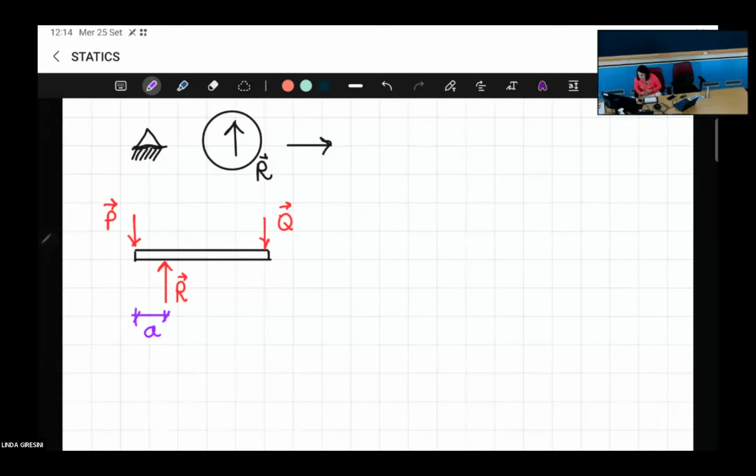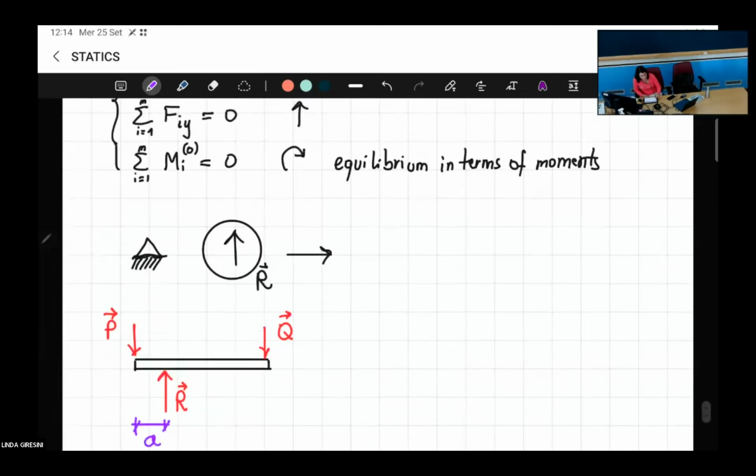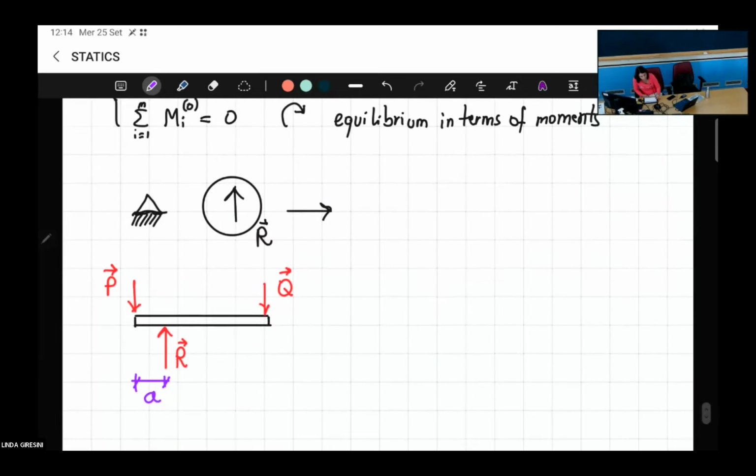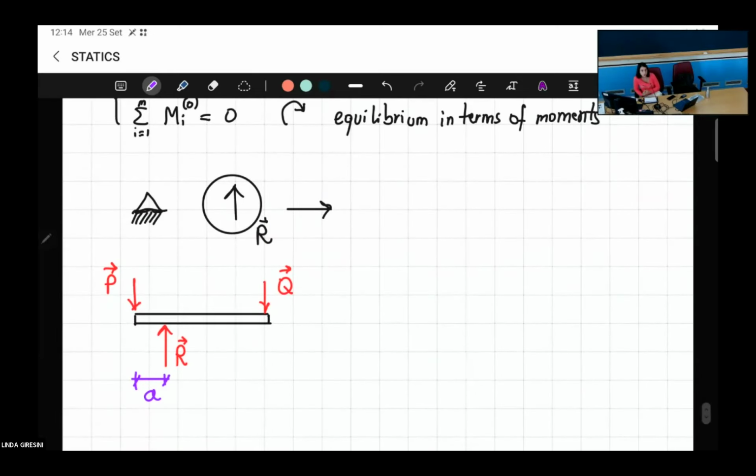So how can we solve this problem? We write down the equilibrium conditions. So in horizontal direction, what is the equilibrium condition? 0. So the first time you can write the equilibrium condition, but you know that it is 0, so you can also omit it, but it's still there.